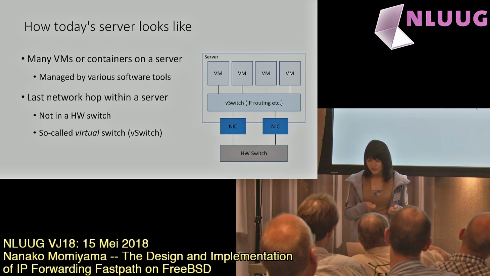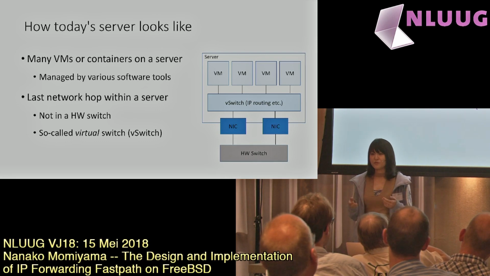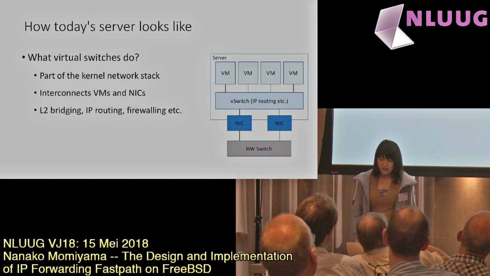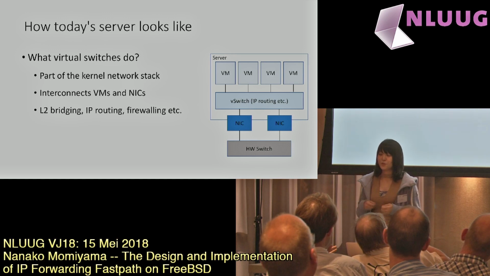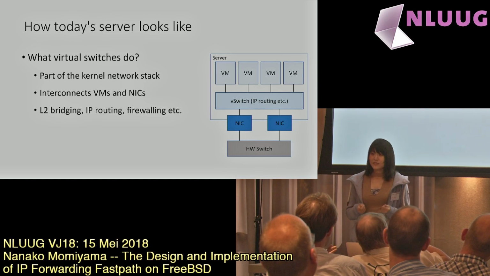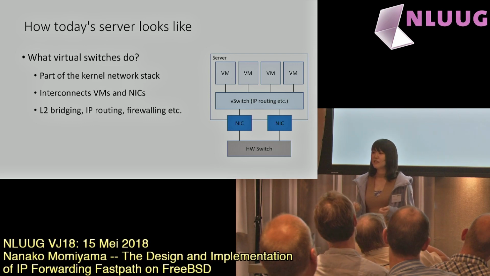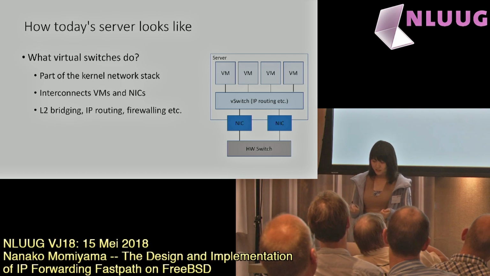The switch where the last network hop happens is called a virtual switch, or vSwitch, in general. So what do the virtual switches do? The virtual switches are implemented as a part of our kernel network stack, such as Linux Bridge, FreeBSD Bridge, and so on.